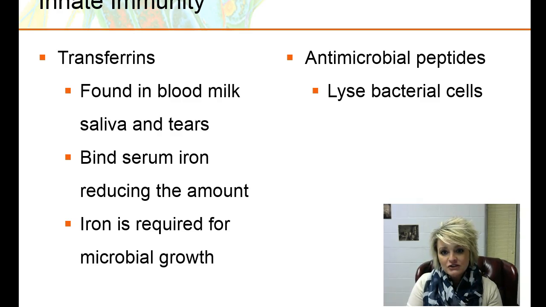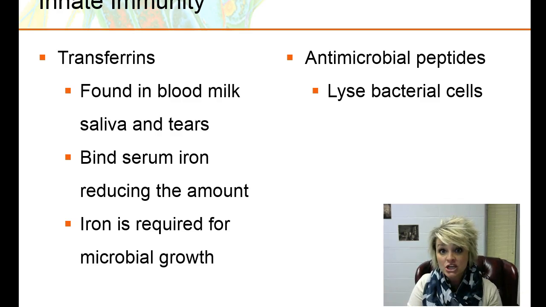One of the things that we do find, a lot of people talk about immunity that is given across the placenta or given in breast milk. There's actually not a lot of antibodies found in breast milk. There's a very small amount of them. We do say that if you wanted to have the full effect on the immune system from breast milk, you would have to breastfeed for at least 6 to 8 years.